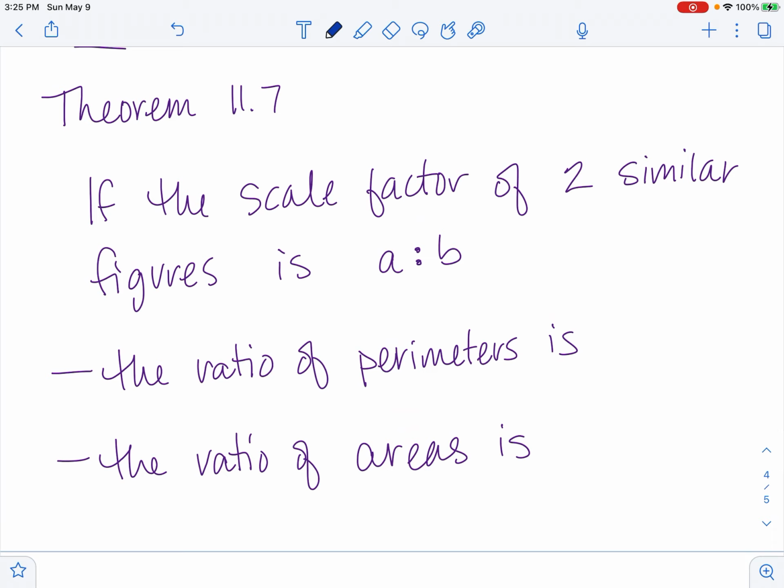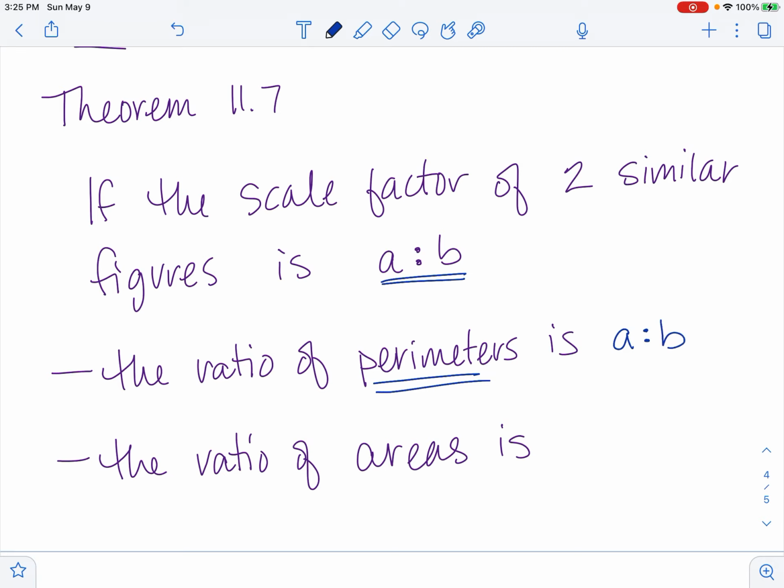All right, and our last theorem here, our theorem 11.7. If we know the scale factor of two similar figures, well, first of all, the scale factor is telling me about my lengths. So any length that you measure is going to be in that same scale factor. When I measure perimeter, perimeter is just a length, so my ratio of my perimeters is still going to be A to B. You could talk about the ratio of one of the sides.